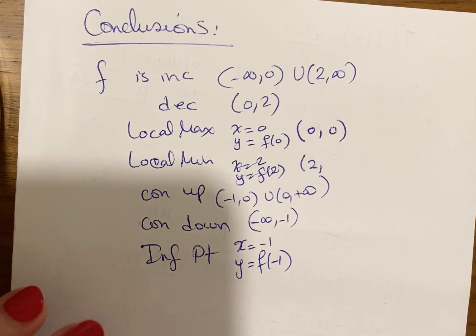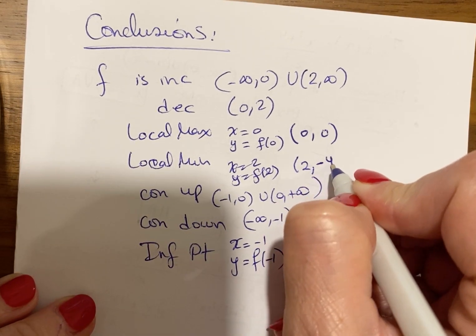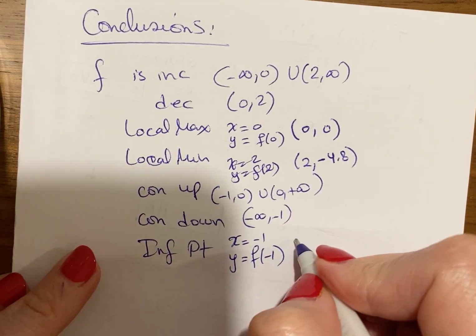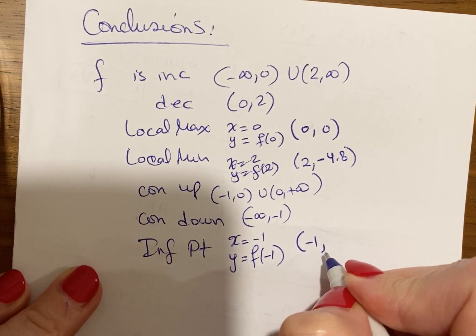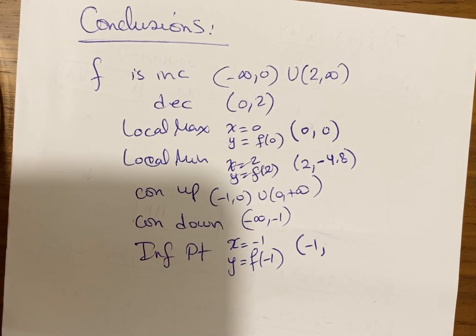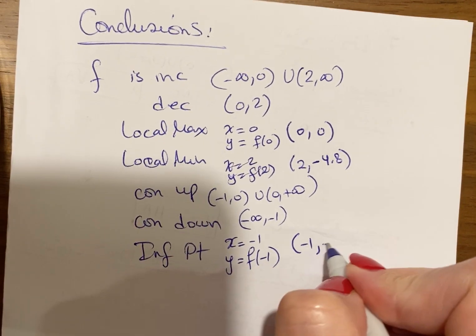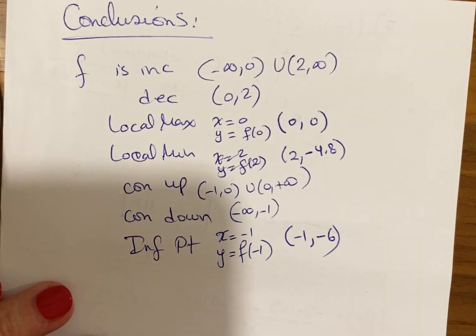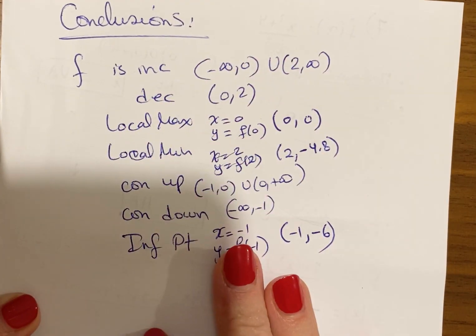We go and substitute in the original equation now. The answer is minus 4.76, so approximately minus 4.8. And then here at minus 1, the answer is minus 1, minus 5, minus 6, because here it's squared. All right, so those are the conclusions.